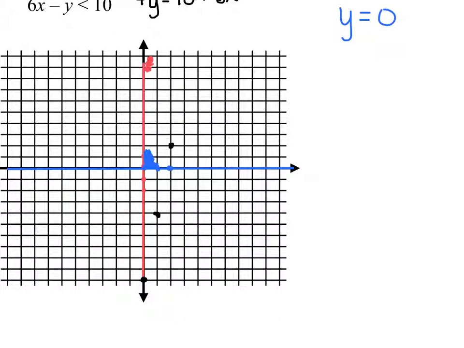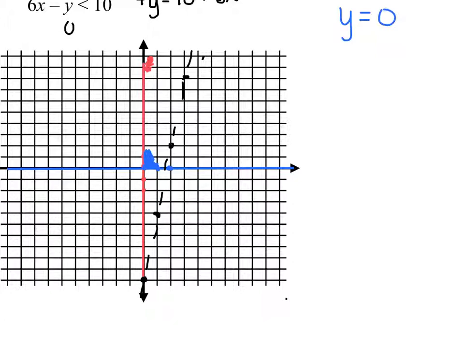Go up 6 over 1. And this time when I connect, I'm going to connect with a dotted line. It's not perfect, but this is because it's just less than.